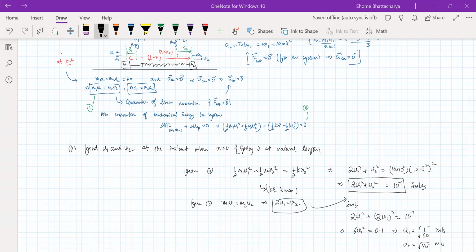Okay, so this is clear now? Yes, sir. Okay, very good. Now work out the third part, the maximum displacement of the individual springs.